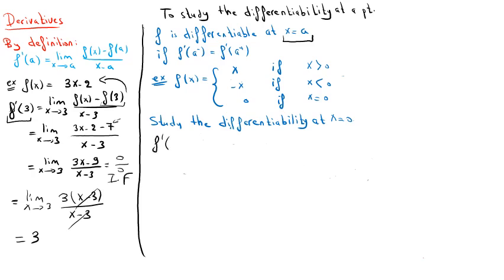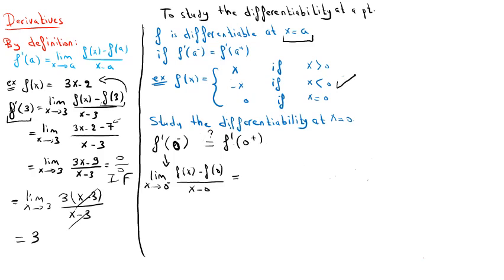So we should find whether f prime of 0 minus is equal to f prime of 0 plus. By definition, f prime of 0 minus is the limit as x tends to 0 minus of f of x minus f of 0 over x minus 0. Here we have x tends to 0 minus, which means that x is less than 0.